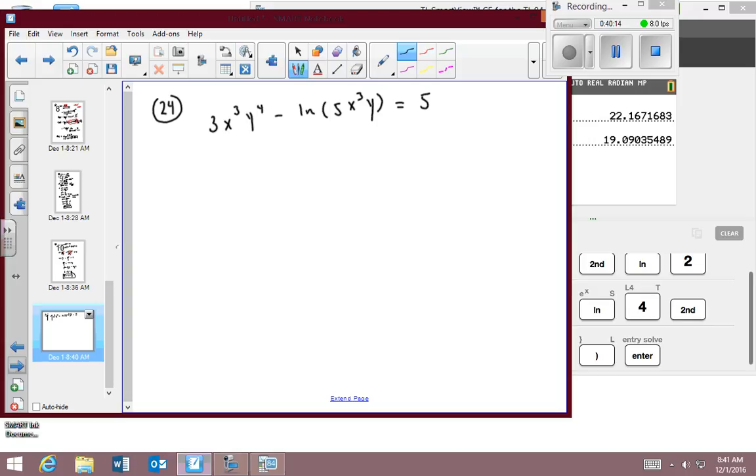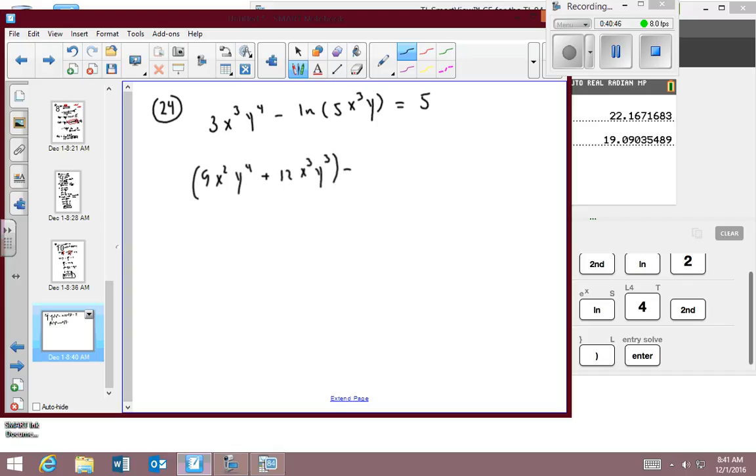I'm going to take the derivative of the first, so 9x squared y to the 4th. I'll put a bracket on this. Then it's plus the derivative of the second, with the 4 out in front, so that's 12x cubed y to the 3rd.